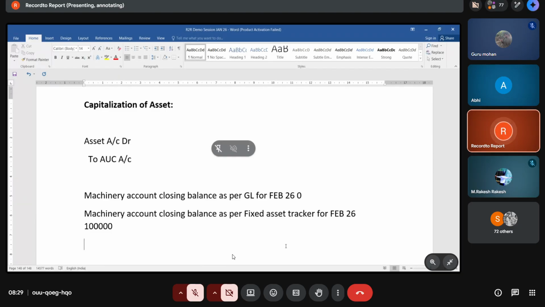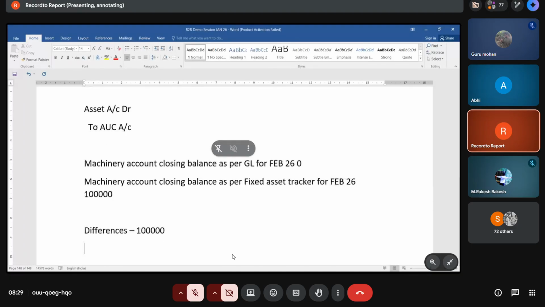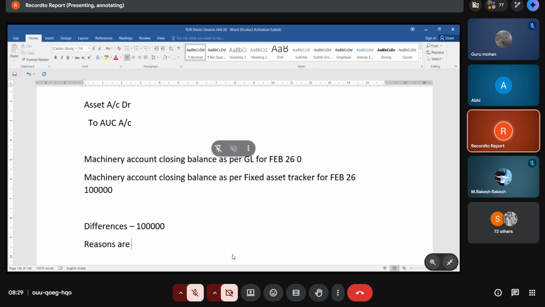So what are the reasons for the difference of 1 lakh? The reason is that the capitalization entry was not posted in the month of February 26.